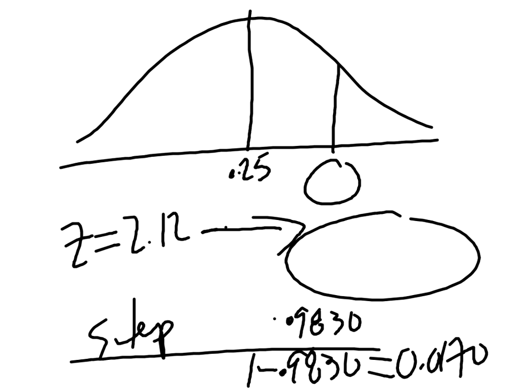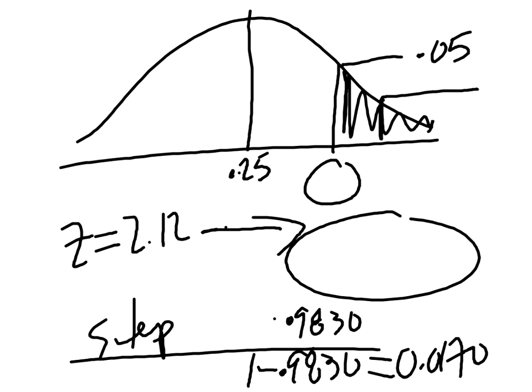Okay, well, we were going to reject for anything further into the tail than alpha equals 0.05. Remember, that's our critical area there. And we have come up with an area further into the curve of 0.0170. Clearly, our area is less than 0.05.